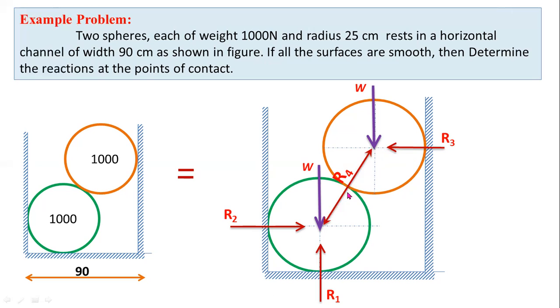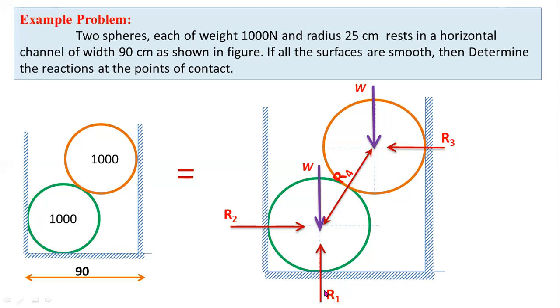For the lower sphere, you have to consider an upward reaction force R4. So this is the free body diagram for this problem. First of all, you have to consider the upper sphere for determining the values of R3 and R4. After that, you have to consider the lower sphere for determining the values of reaction forces R2 and R1.